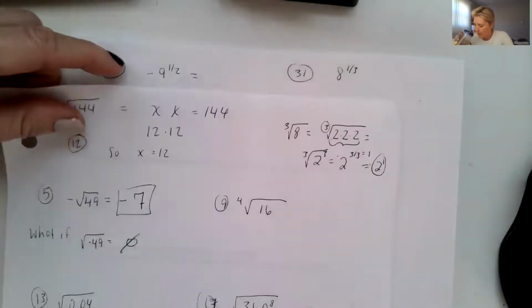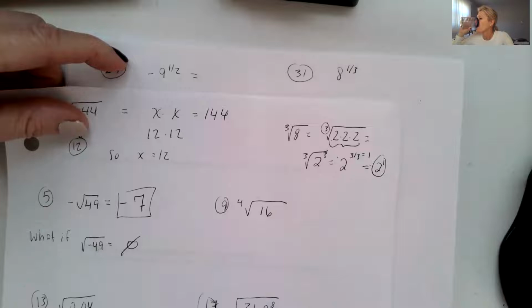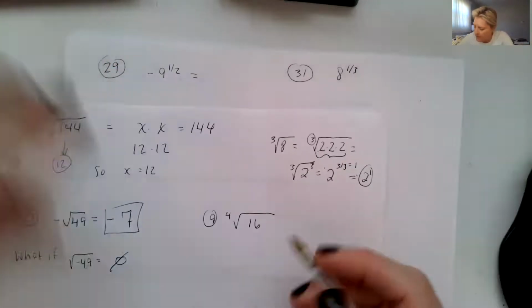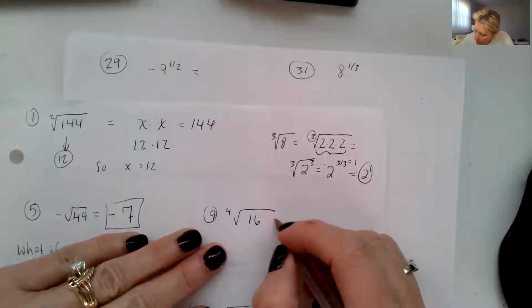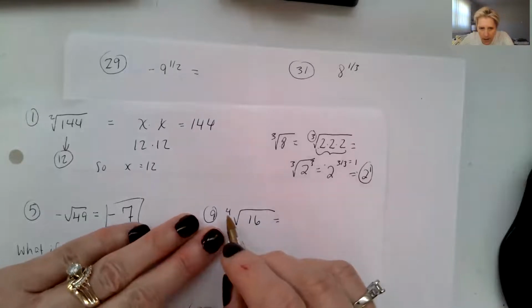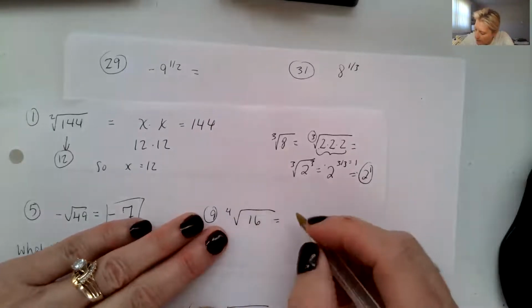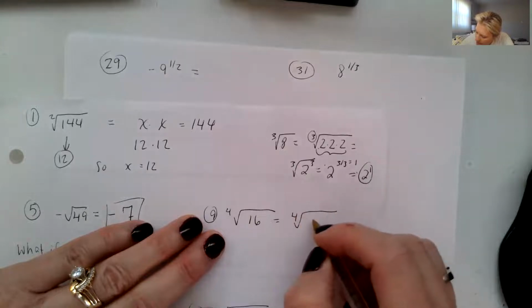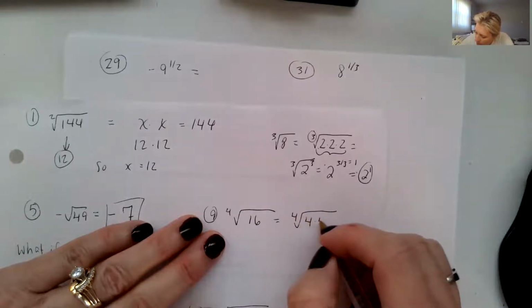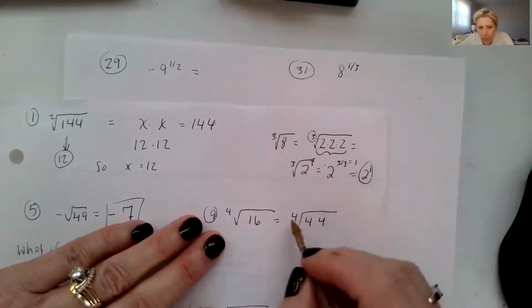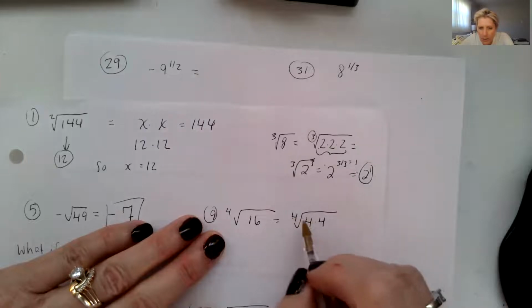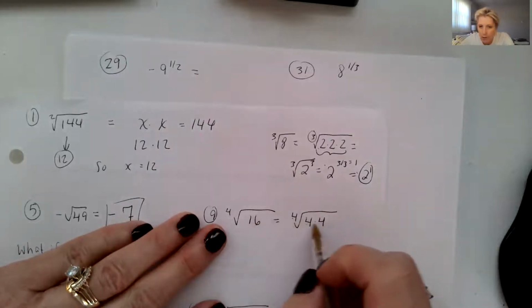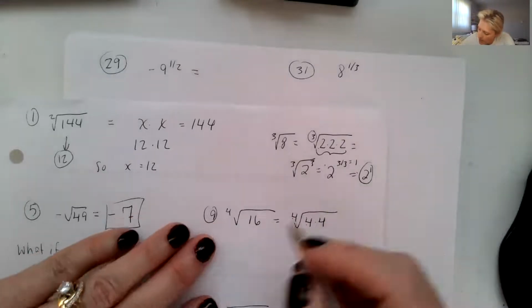So let's look at number 9 from your book. Number 9 says, I want the fourth root of 16. So I know that 16, I can make it by a 4 times 4 if I want. But my fourth root tells me I need a group of 4. Well, I only had one 16, so that's not a group of 4. I have 2 4s, but that's not a group of 4.